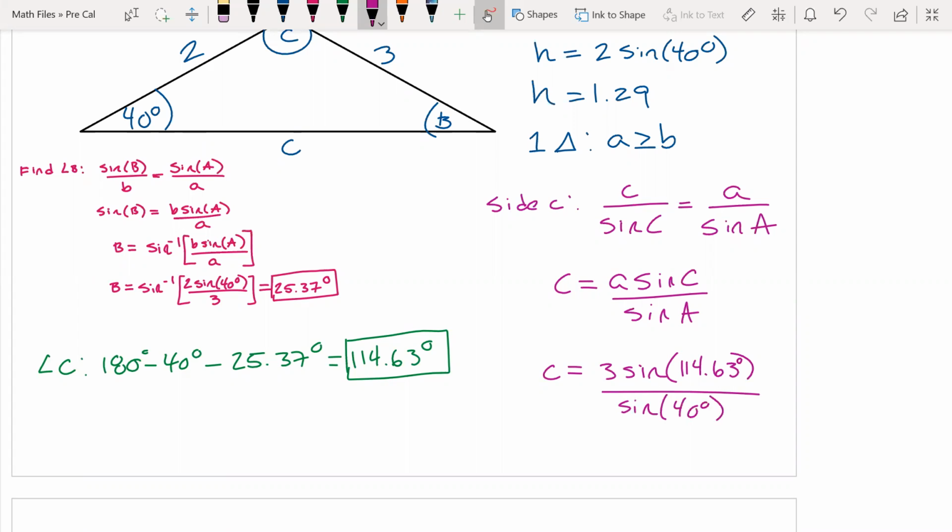Okay. Compute that. I get 3 sine of 114.63 over the sine of 40, and we get side C is 4.24. There we go.